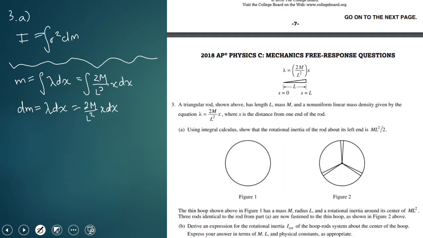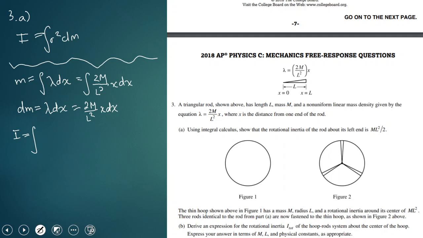So what we know is that our dm is going to be 2m over L squared times x dx. So then we can go back to I is equal to the integral of r squared dm. Now what exactly is r? When we want to plug into this integral, we get our dm, and our radius in this case would be x.